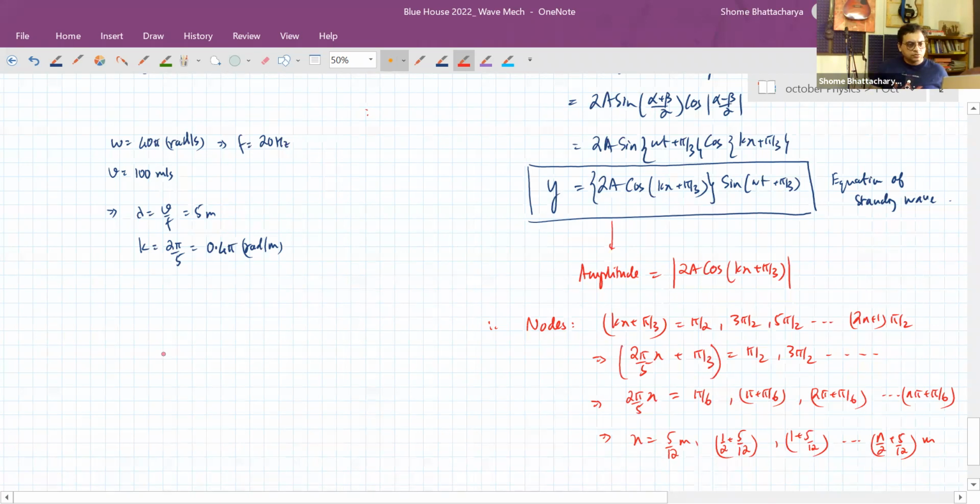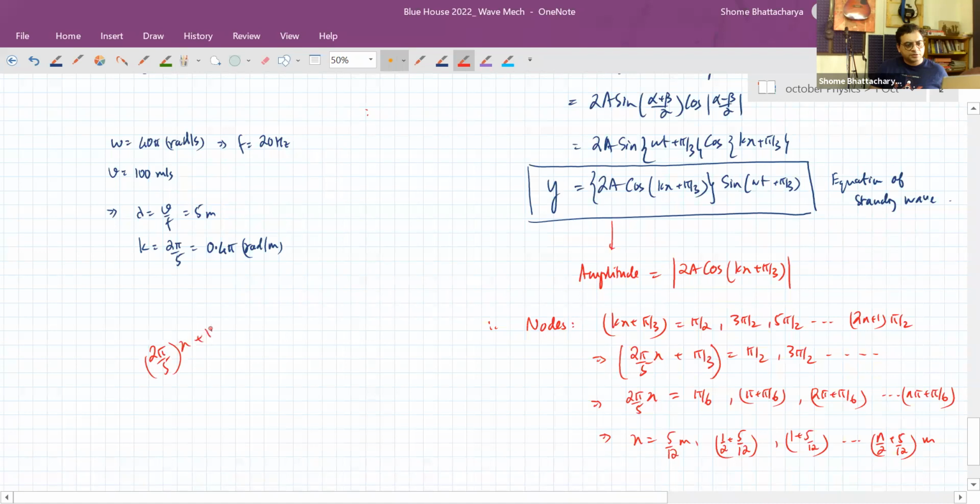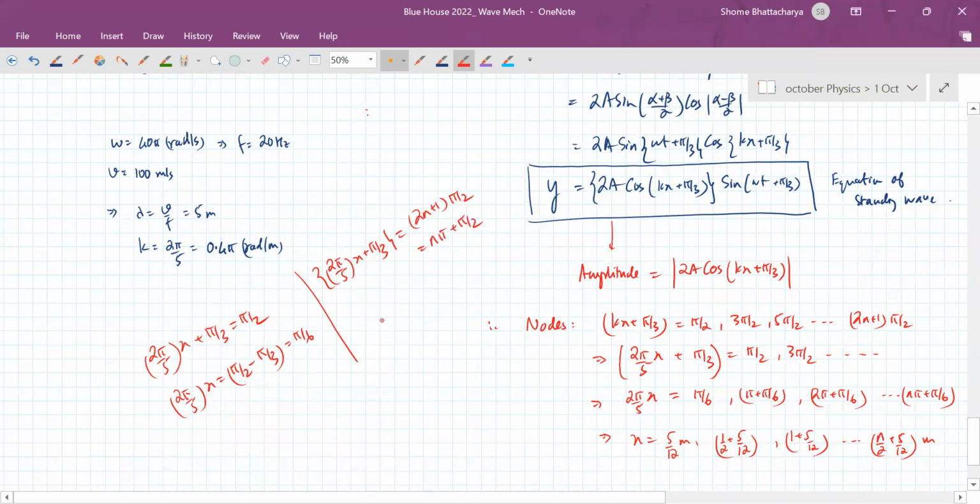So, for example, if you take 2 pi by 5 into x plus pi by 3 equal to pi by 2, this gives you 2 pi by 5 x is pi by 2 minus pi by 3, so that is pi by 6. Now similarly, if you take 2 pi by 5 x plus pi by 3 as the general term, 2n plus 1 pi by 2, that you can write as n pi plus pi by 2.